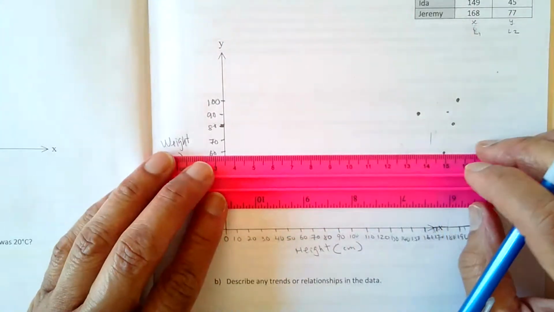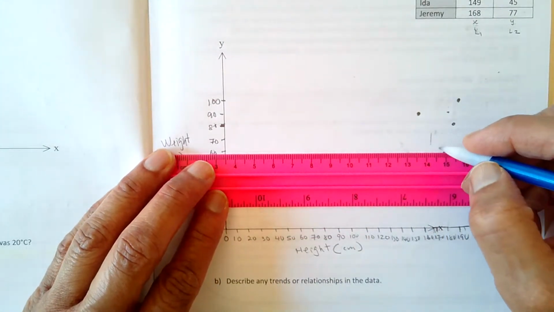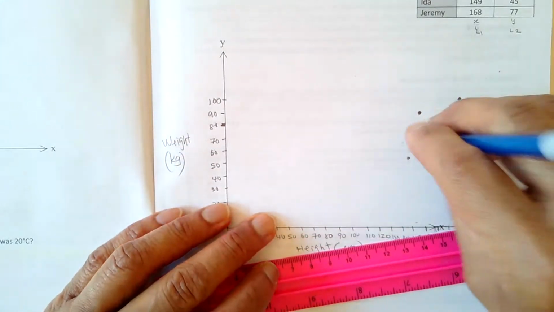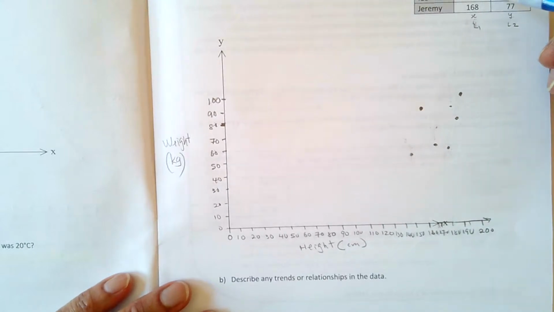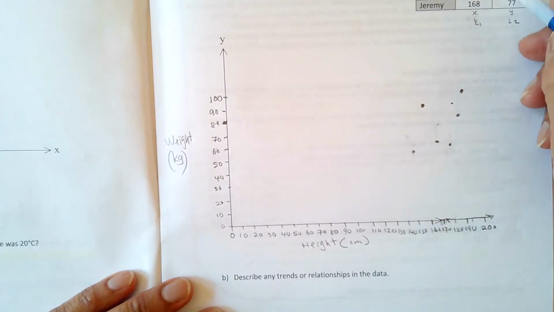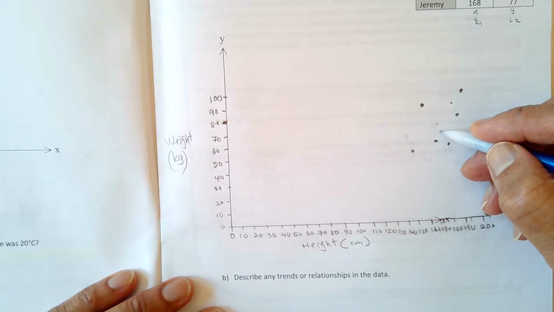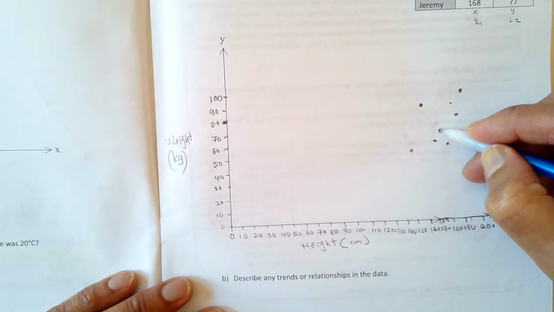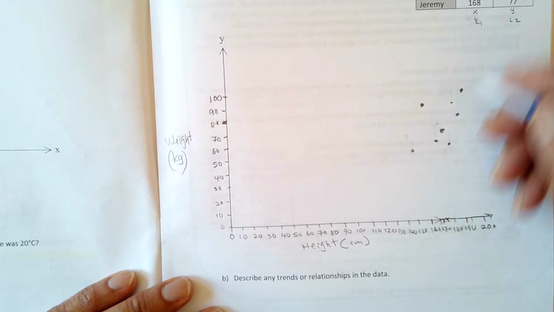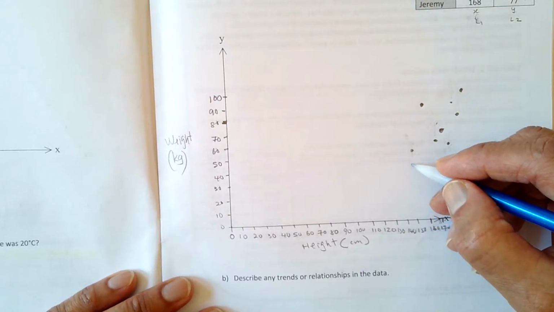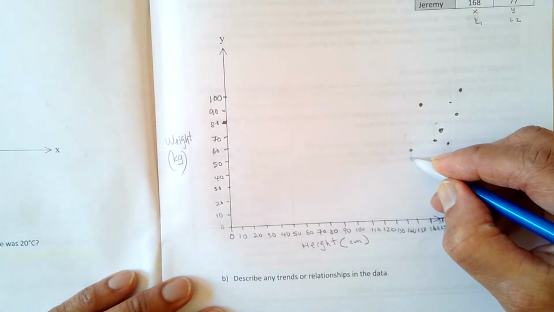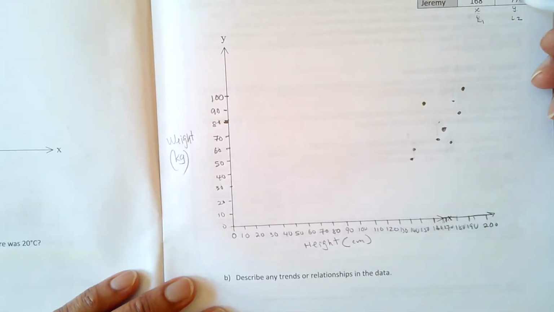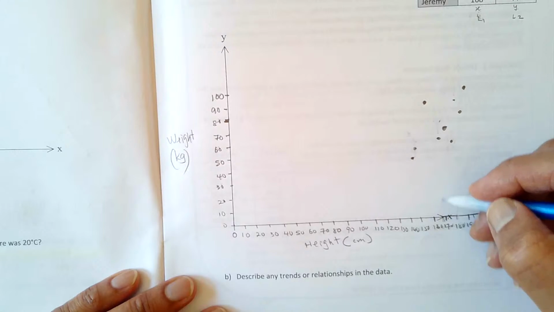Let's see what that would be. 173, 64, which would be about here. 149, 45. And 168, 77. 168.